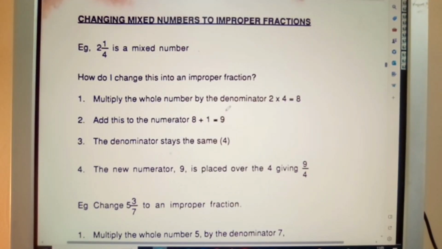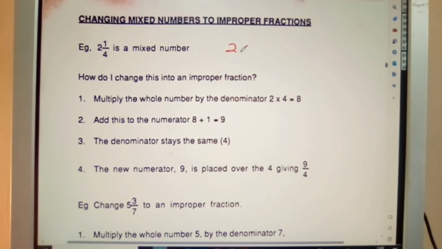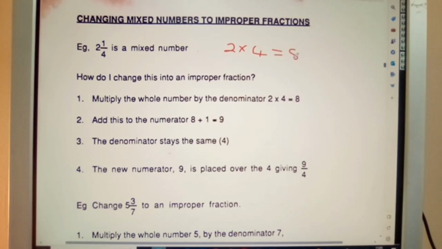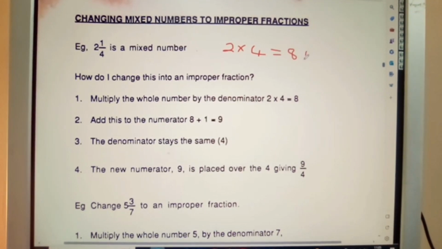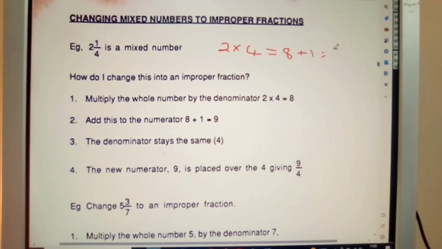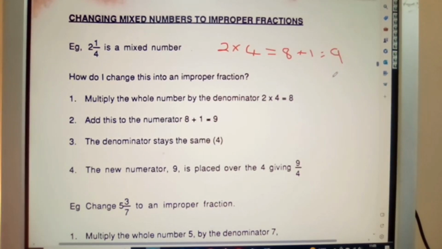And here, you should be familiar with this by now. We simply multiply that there. We do 2 times 4 equals 8, plus 1 equals 9 over 4.